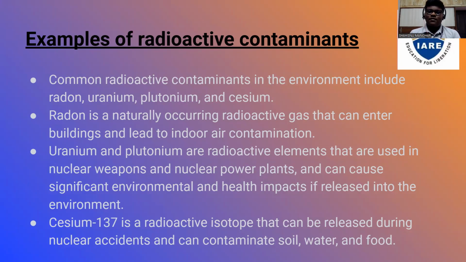Uranium and plutonium are radioactive elements that are used in nuclear weapons and nuclear power plants and can cause significant environmental and health impacts if released into the environment. Cesium-137 is a radioactive isotope that can be released during nuclear accidents and can heavily contaminate especially soil, water, and food.